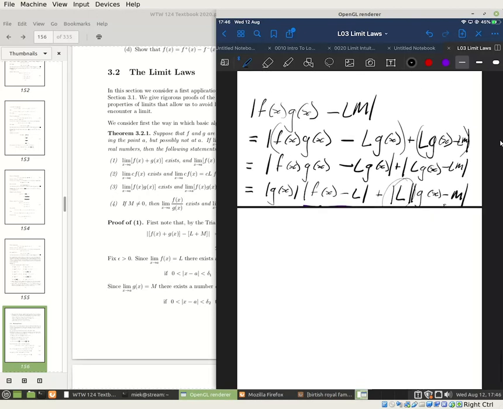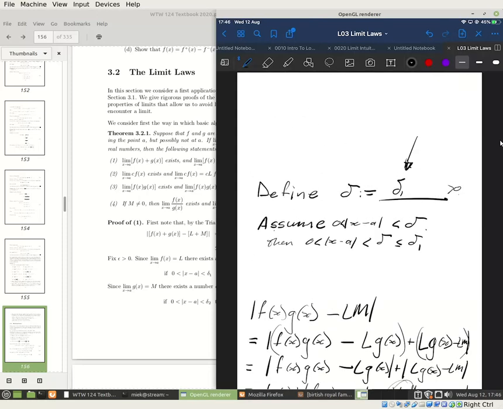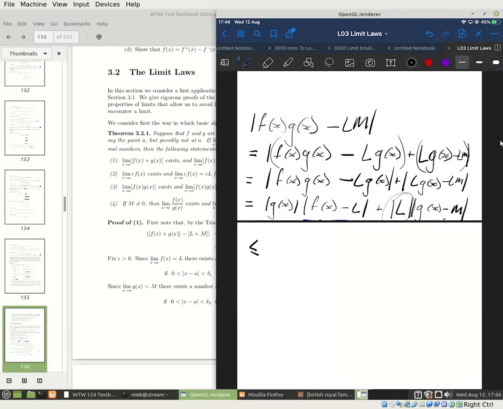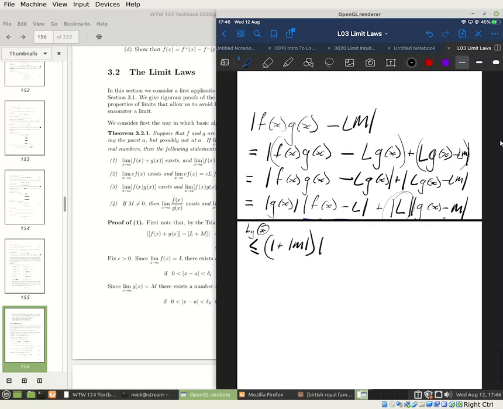And then let's call this star: absolute value of g of x is less than or equal to 1 plus absolute value m, of f of x minus L, plus absolute value of L times g of x minus m.